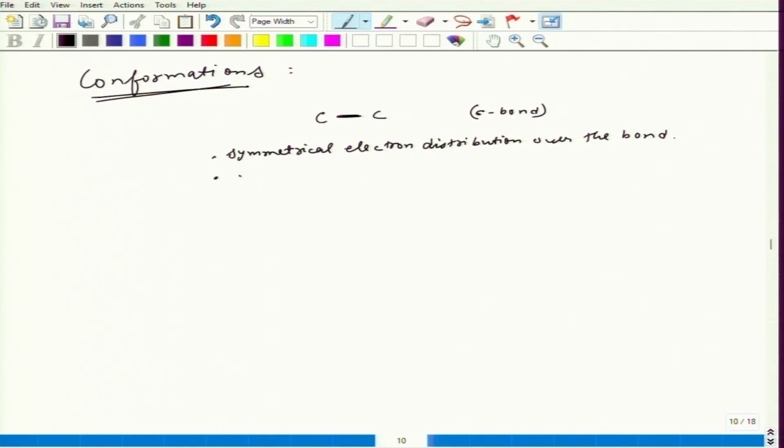So, what happens if we do some rotation around the C-C bond? The electron density around the bond will not be disturbed. So rotation around the bond will not disturb its electronic distribution.